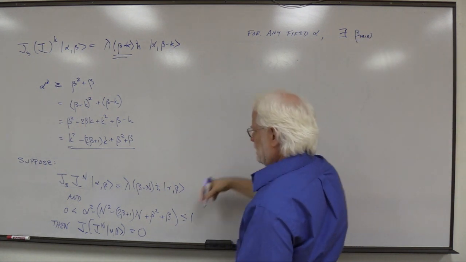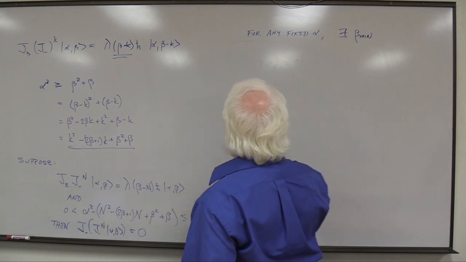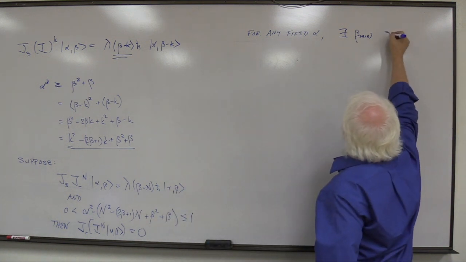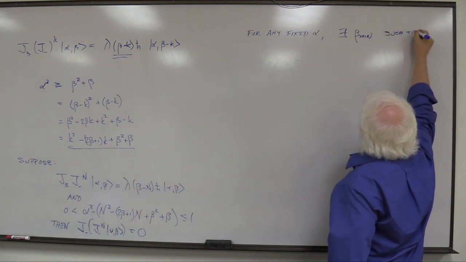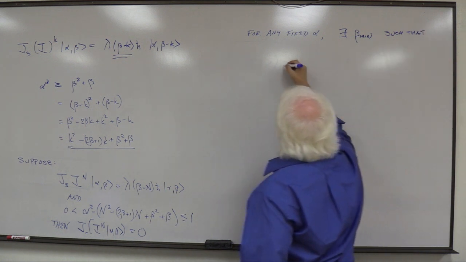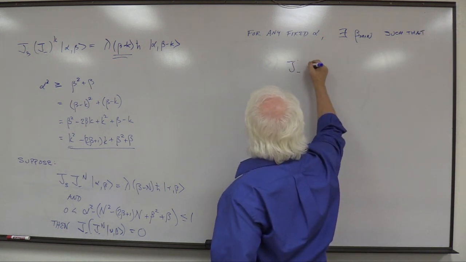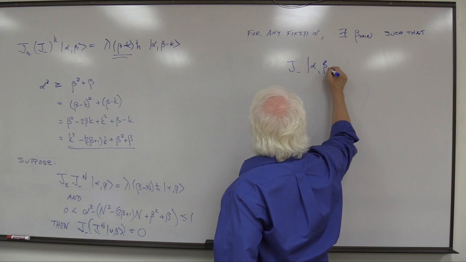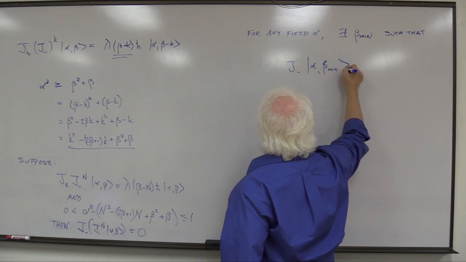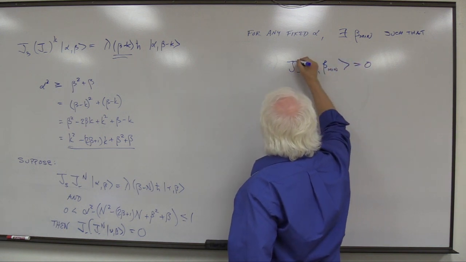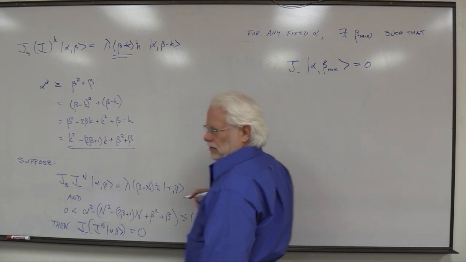Right? It's basically this beta minus capital N, such that J minus on alpha beta min is 0. So we've established the existence of the lowest state.